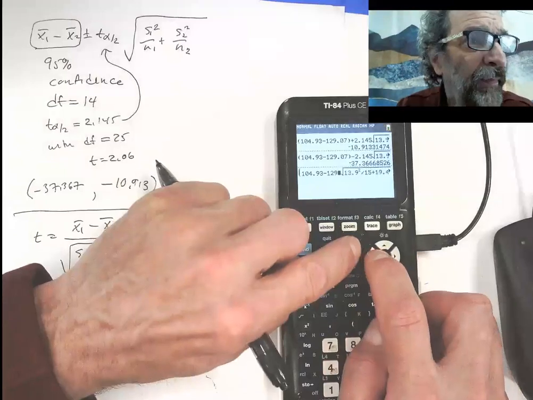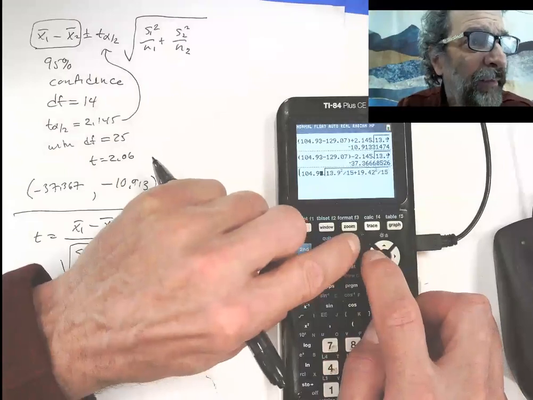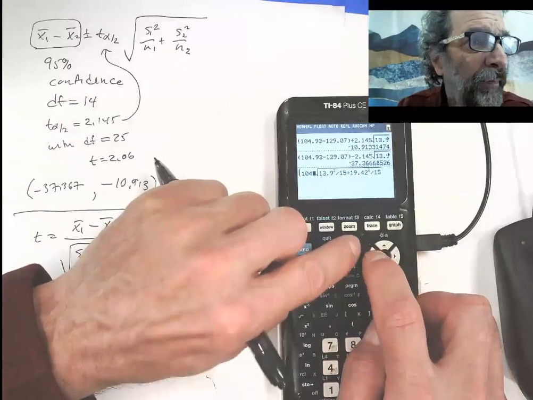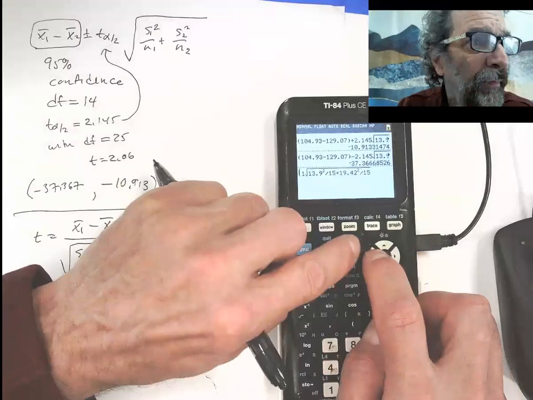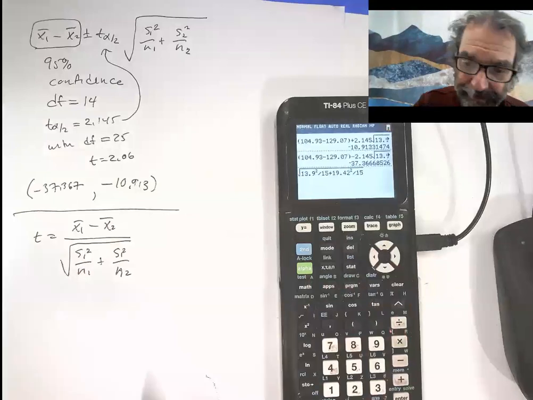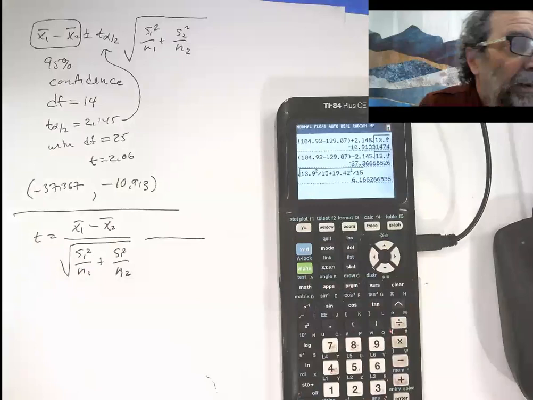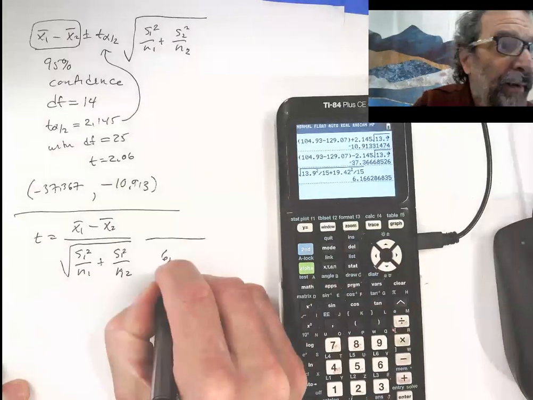One misstep and I have to type it all over again. So there is the bottom. So that's a 6.166.